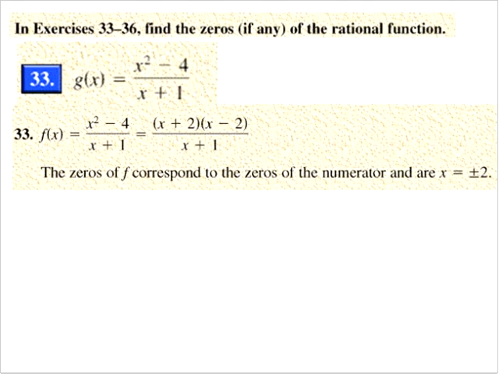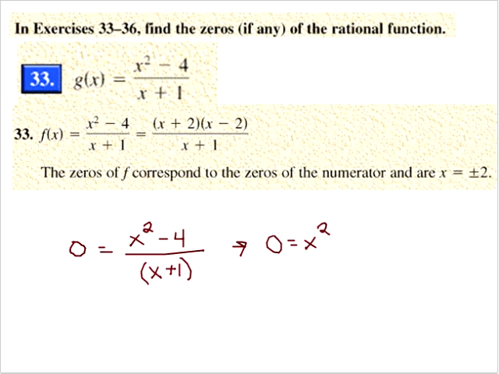All right, the next one is find the zeros, if any. Well, there's a couple ways you can actually do it. You can factor it and just look at the numerator, or we can just set it equal to 0 and solve for x. So in order to solve for x, we have to multiply both sides by x plus 1. Well, that just gives you 0 equals x squared minus 4.